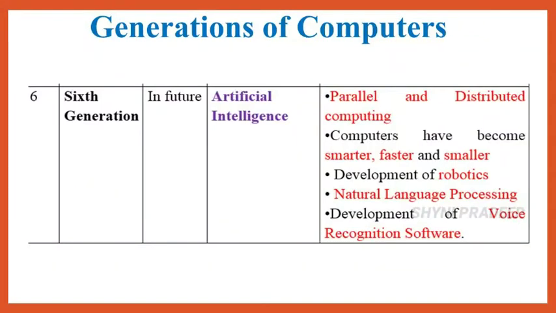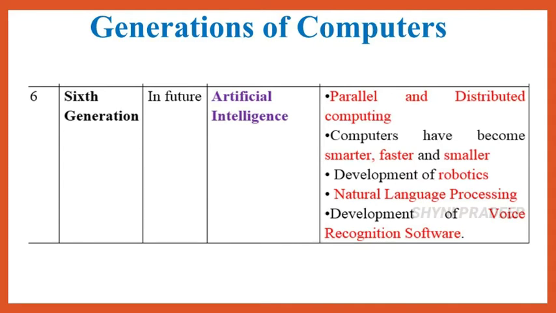Okay. And the next is 6th generation. In future, the main component of 6th generation is artificial intelligence. Its demerits and merits are parallel and distributed computing, which means networking. Okay. Computers have become smarter, faster and smaller when compared to previous generation computers.